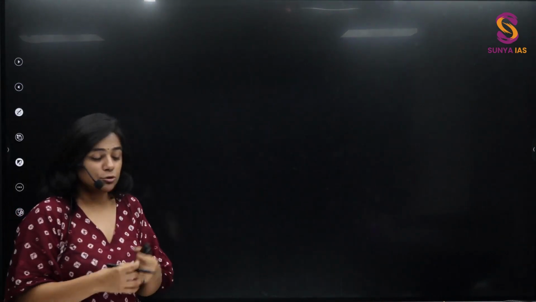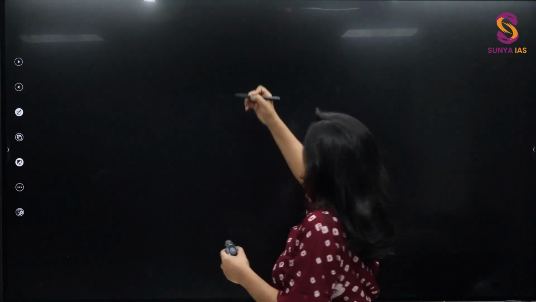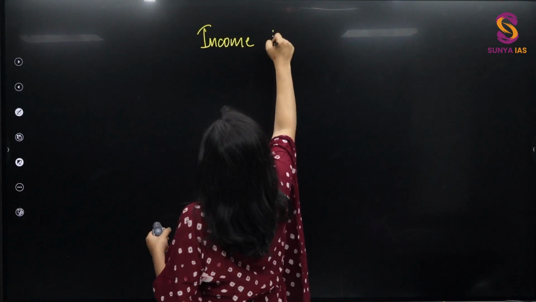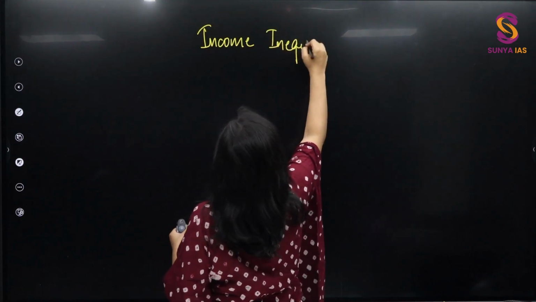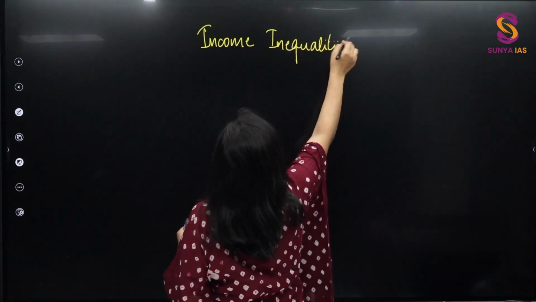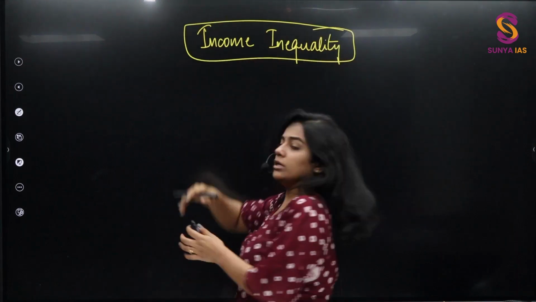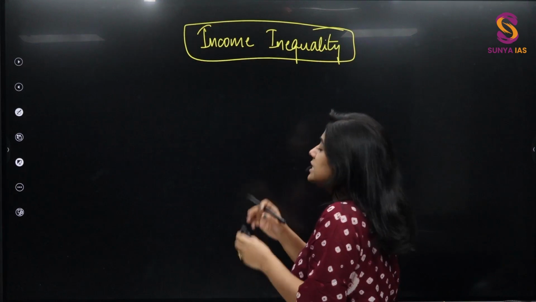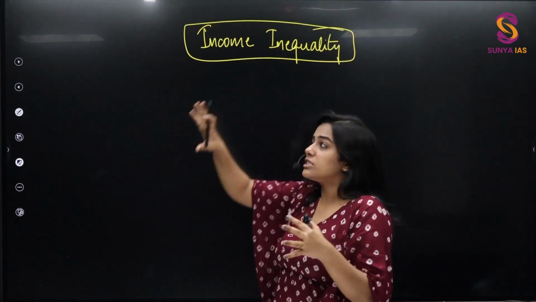brainstorming exercise that you should have whenever you start a very wide topic like this, which is income inequality. It is about how you can structure any answer, any kind of challenge that UPSC throws at you, how will you structure this topic in itself.